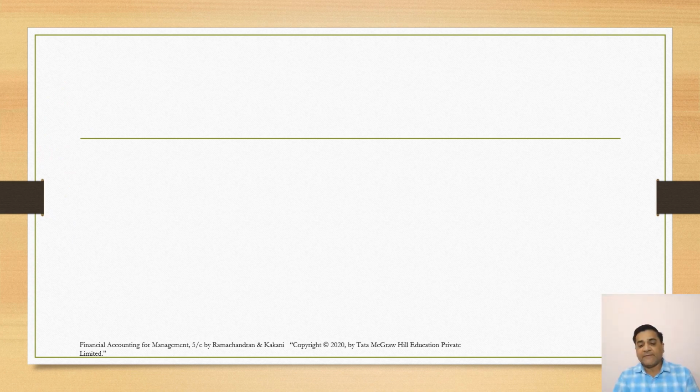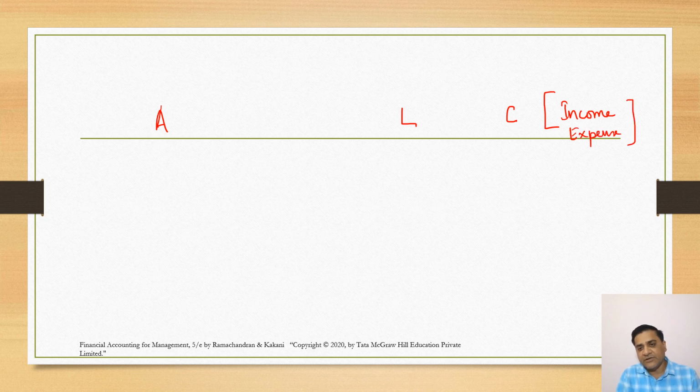So we would say the contents of a balance sheet are assets on one side, liabilities and capital on the other. Then we would say income and expense be adjusted with this. If your income is greater than the expense, your capital would go up, else it would go down.